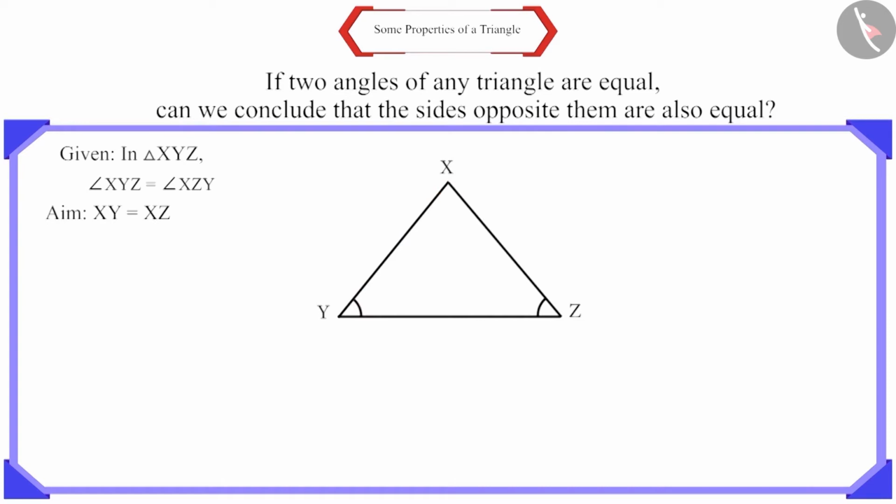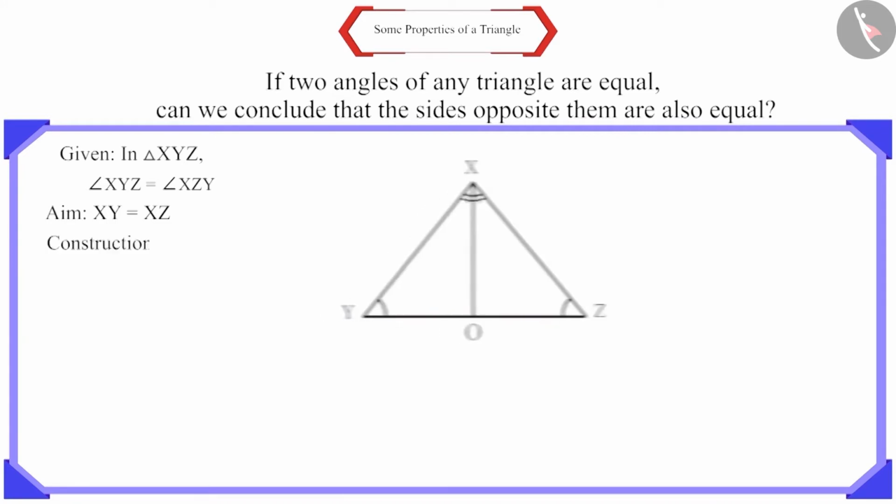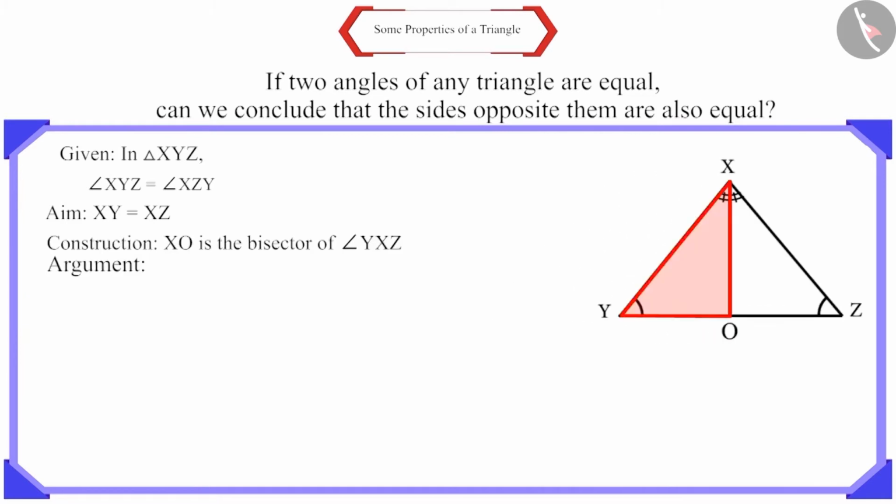Here, draw the bisector of angle YXZ and let it intersect YZ at O. Now look at triangle XYO and triangle XZO. It's given that these two angles are equal. Here we can write angle XYZ as XYO and angle XZY as XZO.